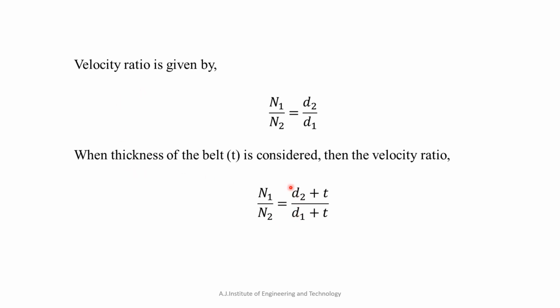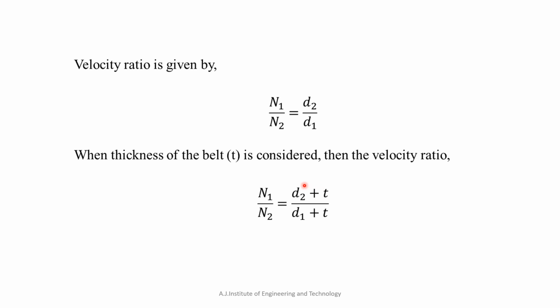So if you consider thickness, what does the equation become? When the thickness of the belt t is considered, the velocity ratio becomes n1 divided by n2 is equal to d2 plus t divided by d1 plus t.